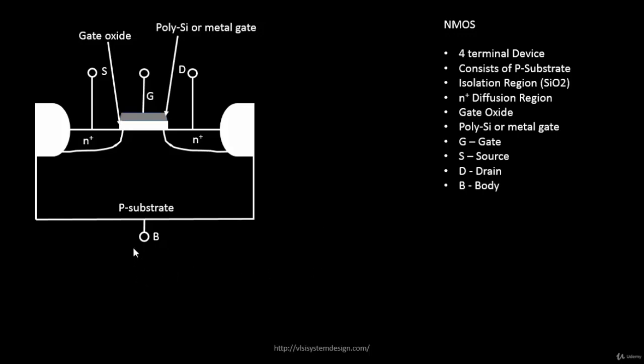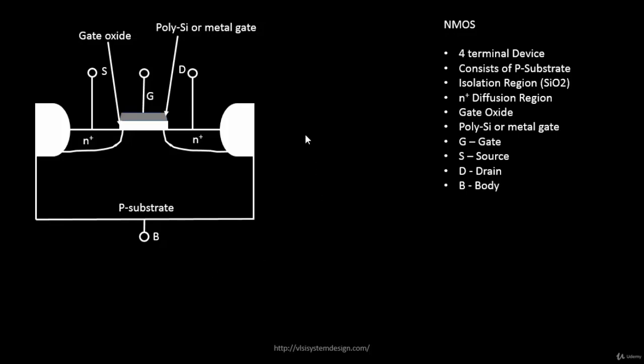But this is a very important terminal to understand the threshold voltage characteristics of this device, and I'll very soon come to where we understand its importance. In a nutshell, it has to be taken care of while designing any kind of circuit. Usually it's grounded. When we move into circuits, we'll see that this terminal is usually grounded, but any potential applied on this terminal tunes the threshold voltage, and we'll see how it does that.